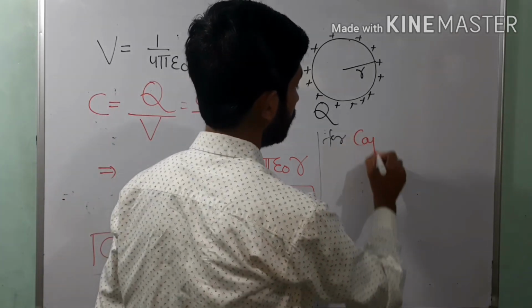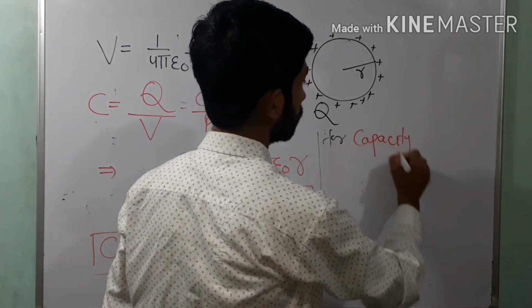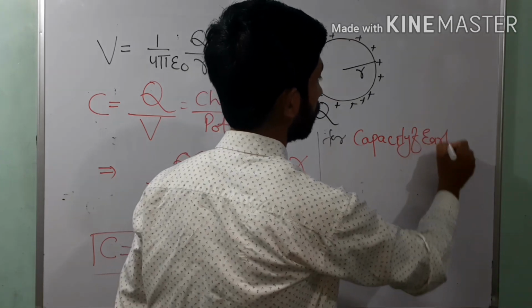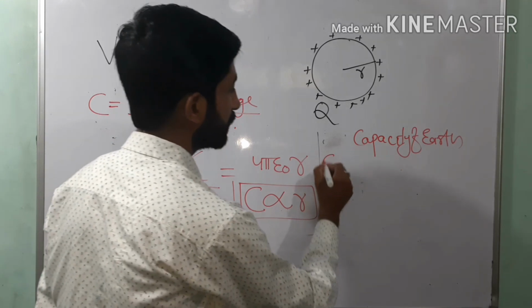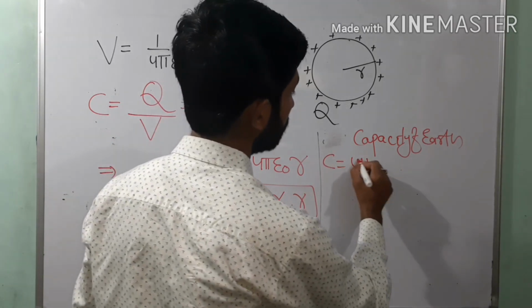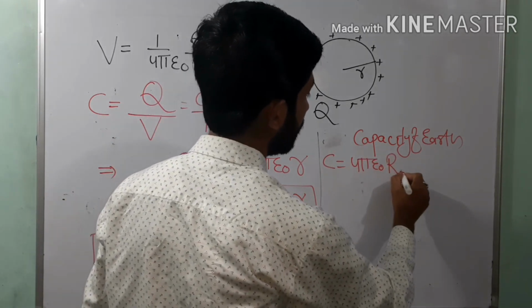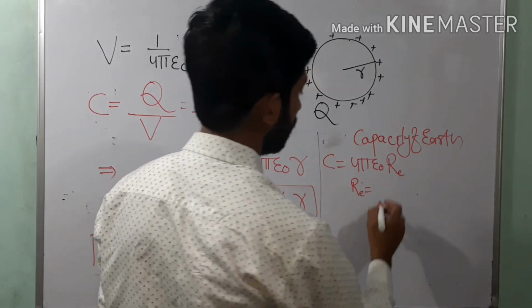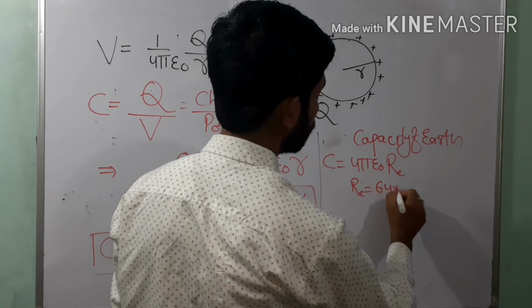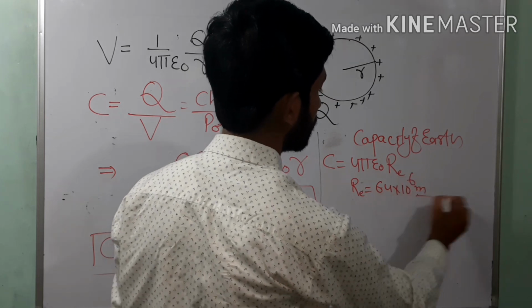The capacity of earth will be C is equal to 4 pi epsilon naught and radius of earth, and we know that R of our earth is 6.4 times 10 raised to the power 6 meters.